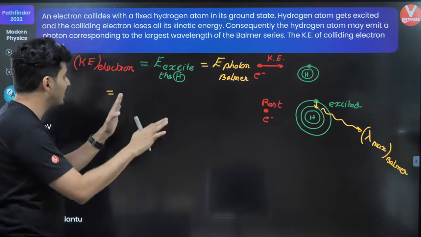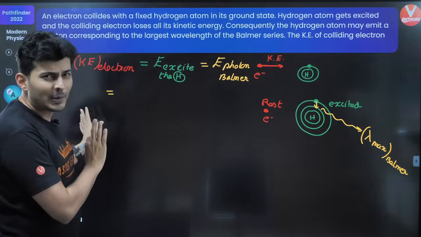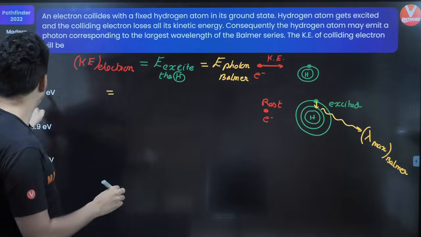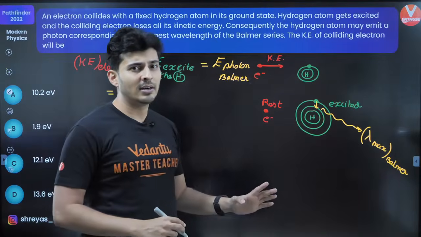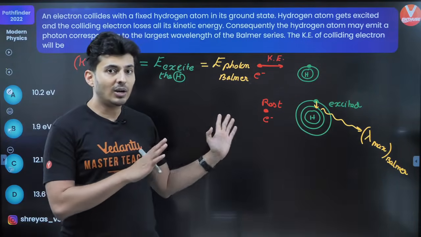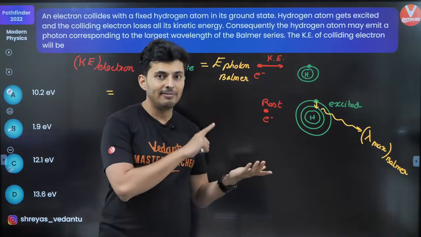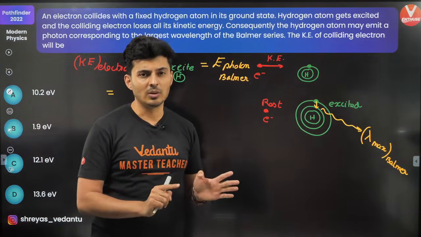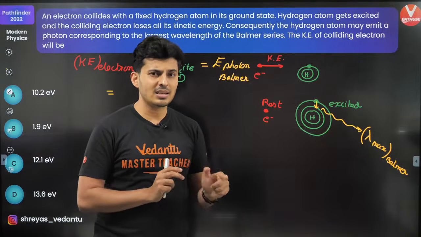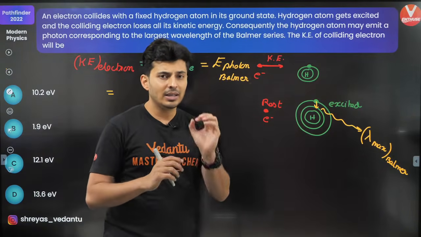No, you don't need to use the Rydberg's formula. Without that also it will be easy, because I think all the answers are in electron volt. The problem with using Rydberg's formula is it's not like it's wrong, but you will find the wavelength. Once you find the wavelength, then you'll find the energy and convert it into electron volt. So it's a 2 or 3 step process. I will cut it out in 1 step.